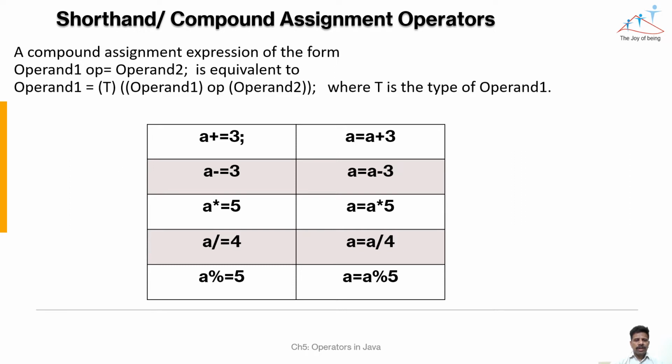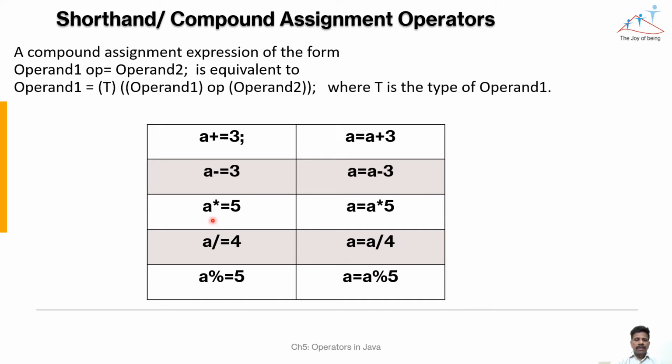Now we will see the examples. a += 3: here += is the compound assignment operator. It is equivalent to writing a = a + 3. Similarly, a -= 3 is equivalent to writing a = a - 3.